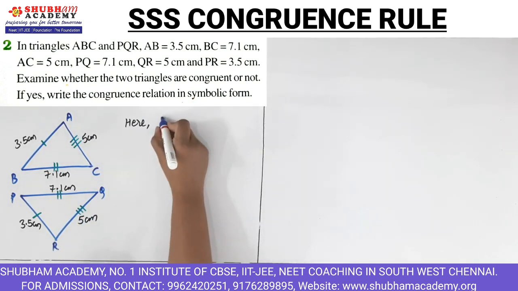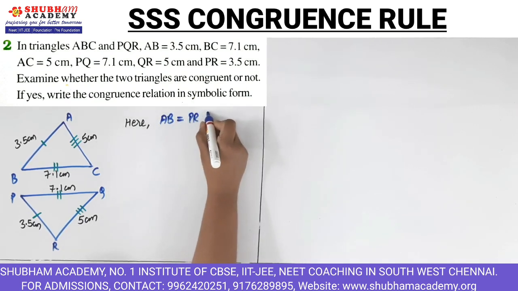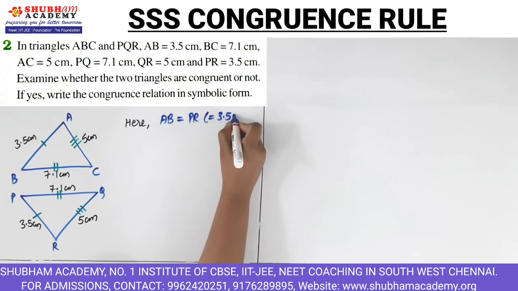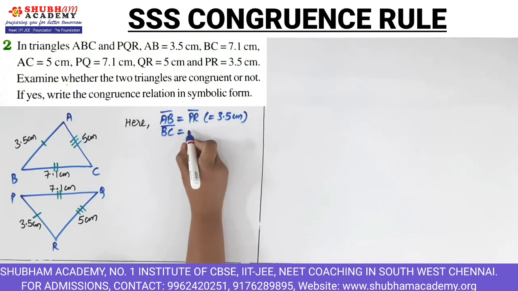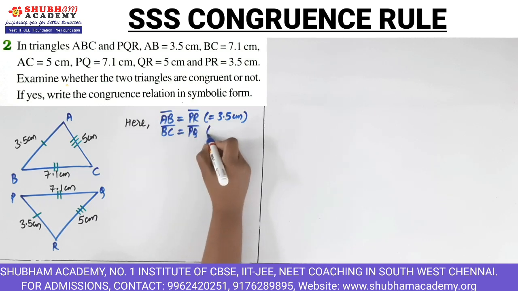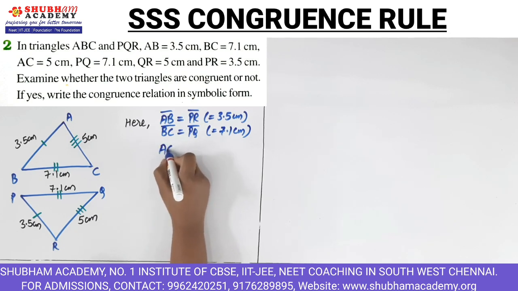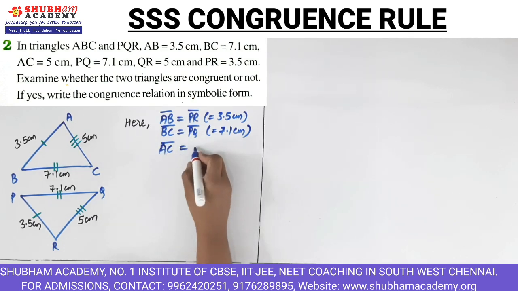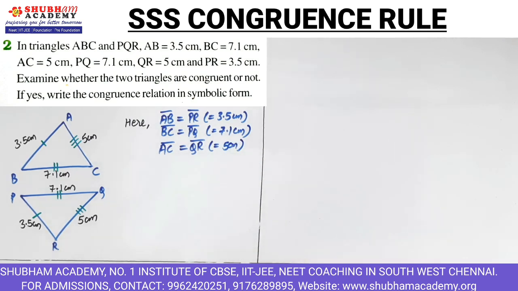So we can write AB equals PR and both are equal to 3.5 centimeter. BC is equal to, since these are sides, we'll mention along with the symbol, BC is equal to side PQ of measurement 7.1 centimeter and side AC is equal to QR of measurement 5 centimeter.